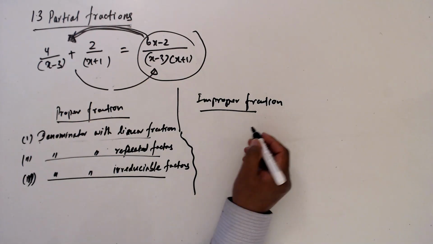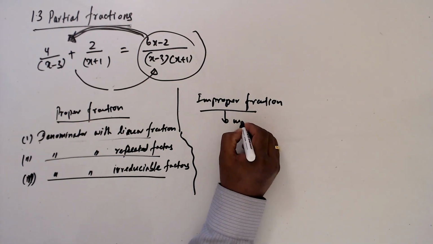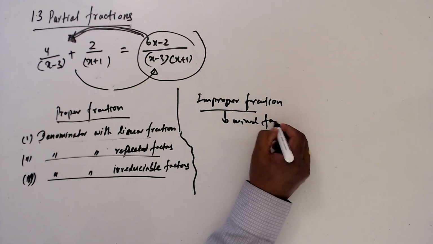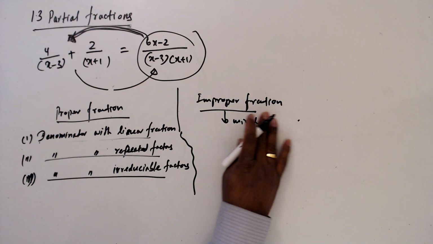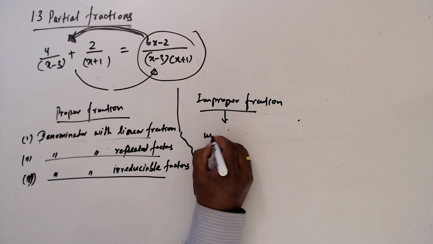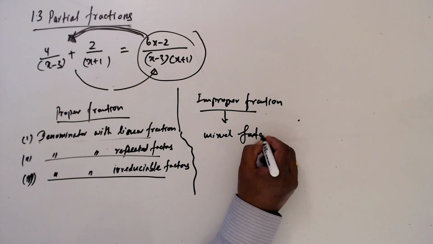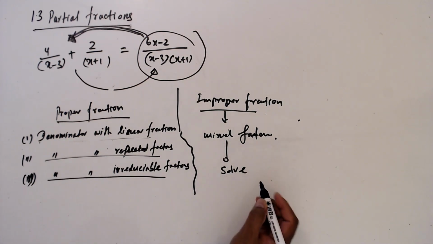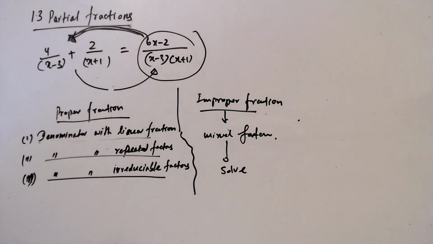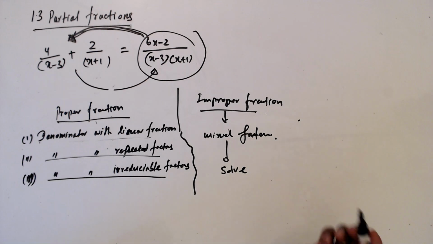If it is an improper fraction, we want to divide it and turn it into a mixed fraction. And then we have to solve. So, proper fraction and improper fraction first of all.